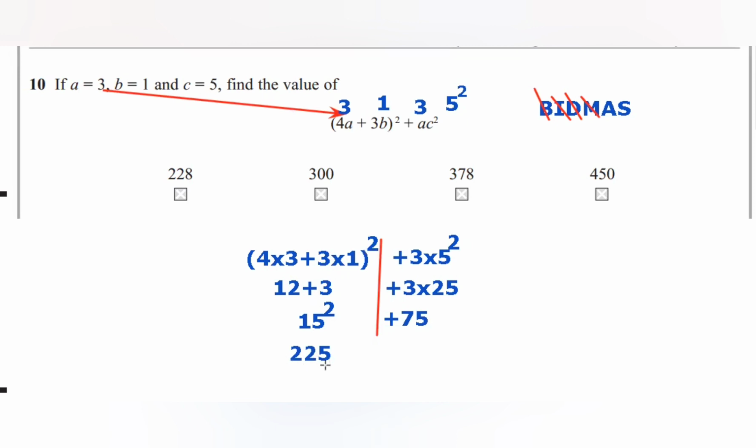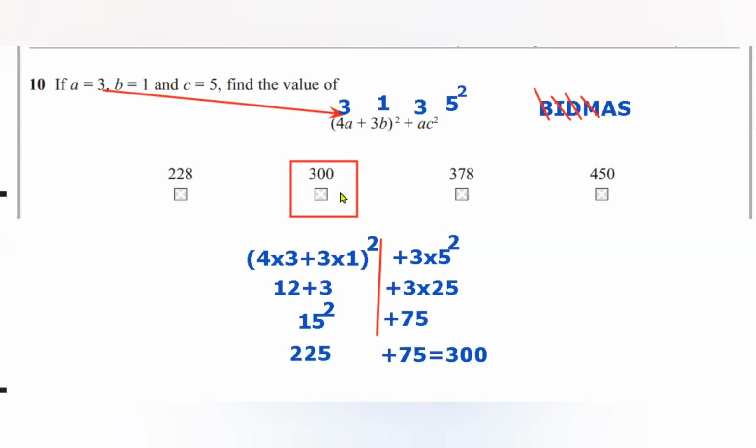It's 225. And this one at the end is 75. So I'm going to do 225 plus 75, which equals 300. And the final answer will be 300, which is B.